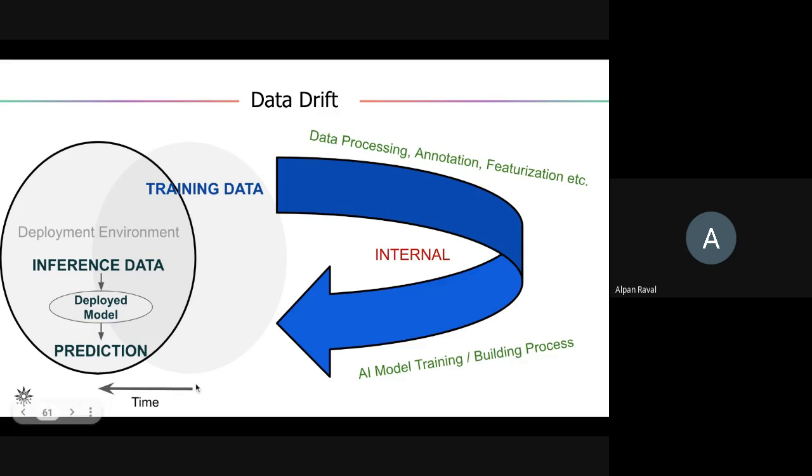With time, what can often happen is that your inference data or your entire deployment environment becomes different from your original training data environment. And that is what we call data drift. In such situations, the model is not expected to work well anymore. The data has drifted away from the original training data characteristics.